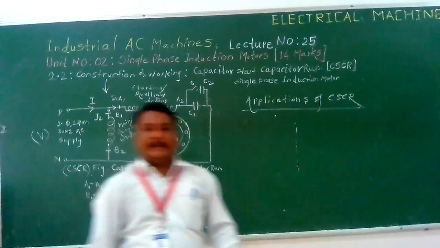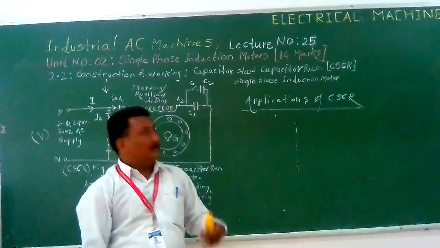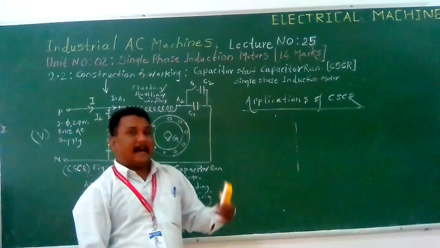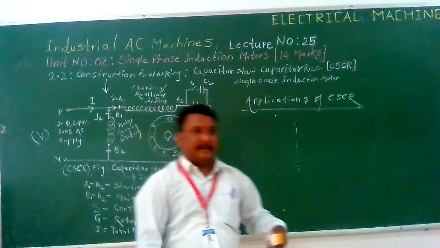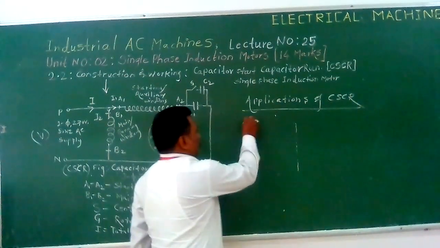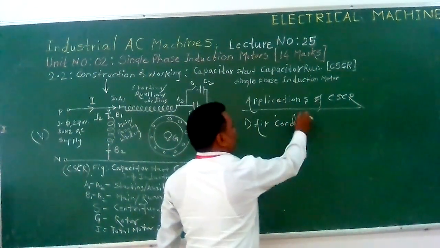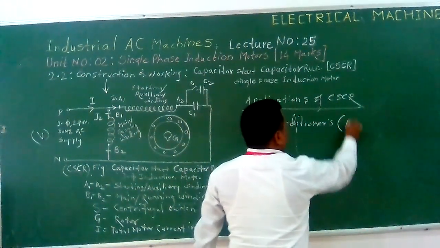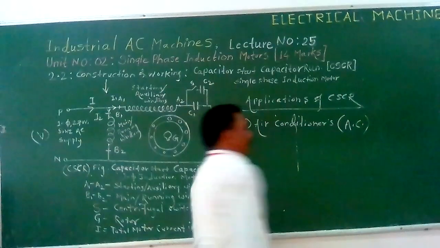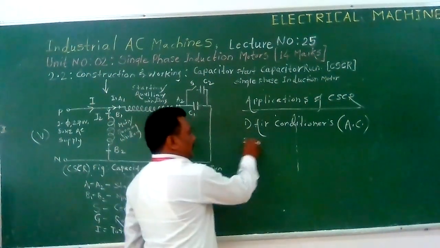From the torque speed characteristics or torque slip characteristics, it is clear that the CSCR has a high starting torque and high running torque. Hence, it is used first of all in air conditioners. Students may know we say AC. Second, in refrigerators.